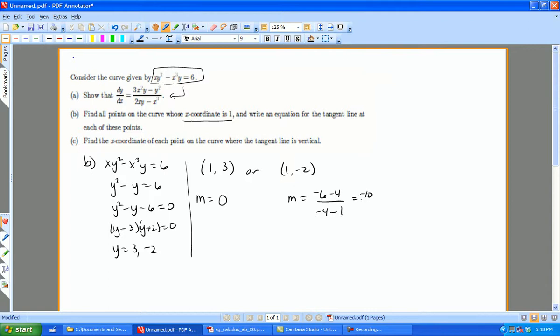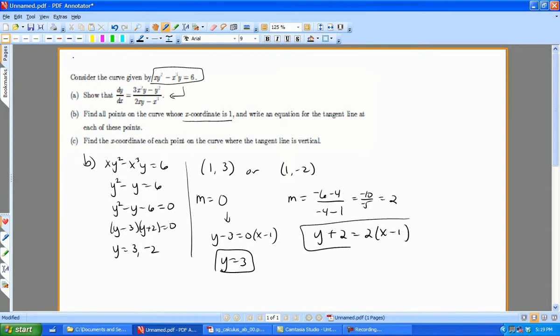So it looks like I get negative 10 over negative 5, or 2. Okay, so this line, the slope is 0. So y minus 3 equals 0 times x minus 1, which simplifies to y equals 3. And this one, y plus 2 equals 2 times x minus 1, and you can leave it like that. Okay, that's part B.